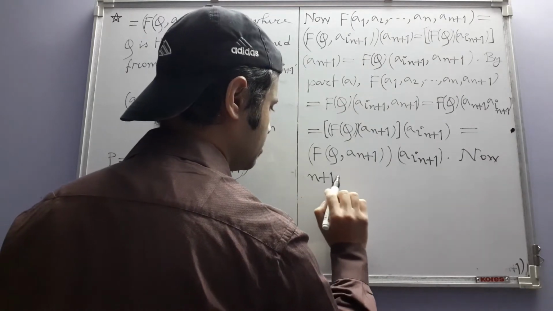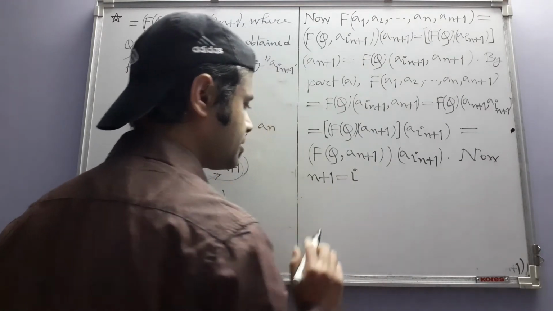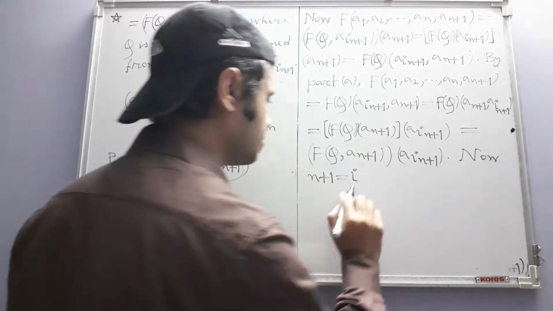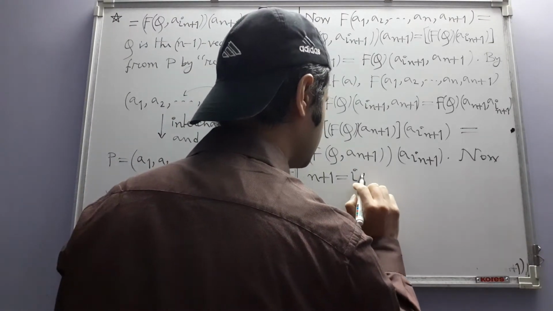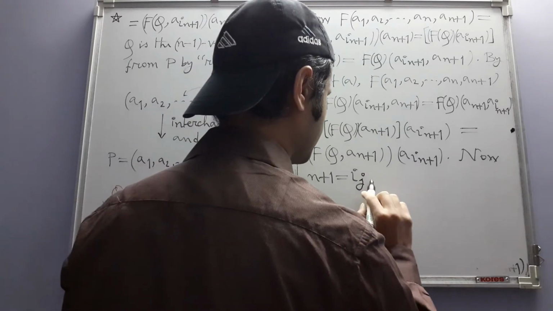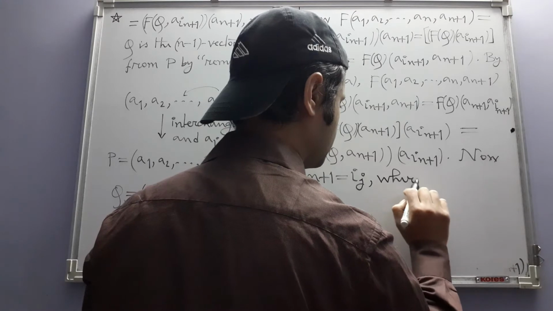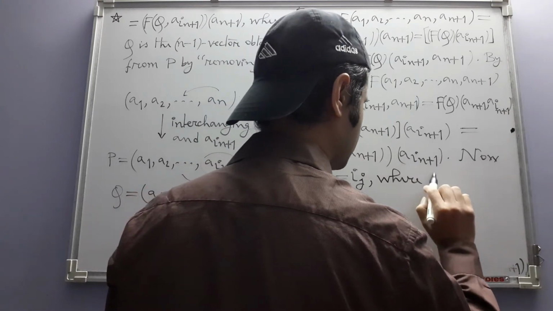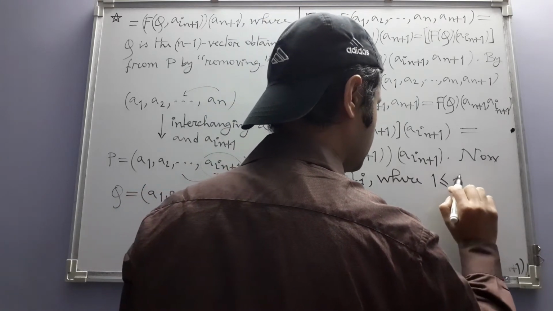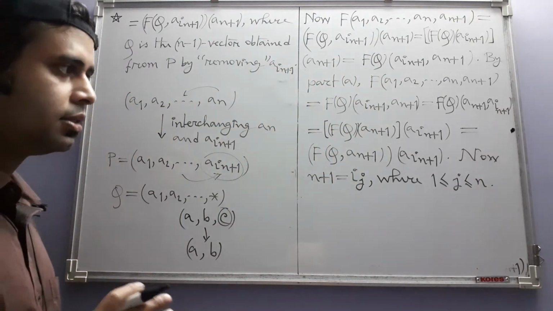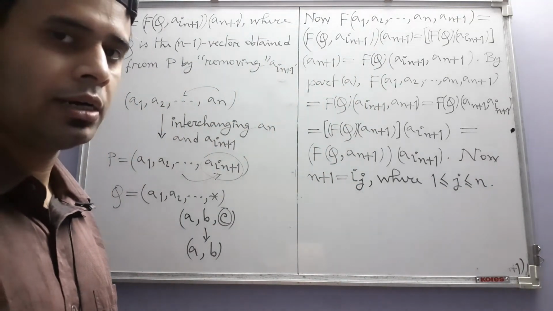Now n plus 1 is also i suffix something, because we are talking about a permutation. Say i suffix j, where j is lying between 1 and n. What is the reason for j to lie between 1 and n?